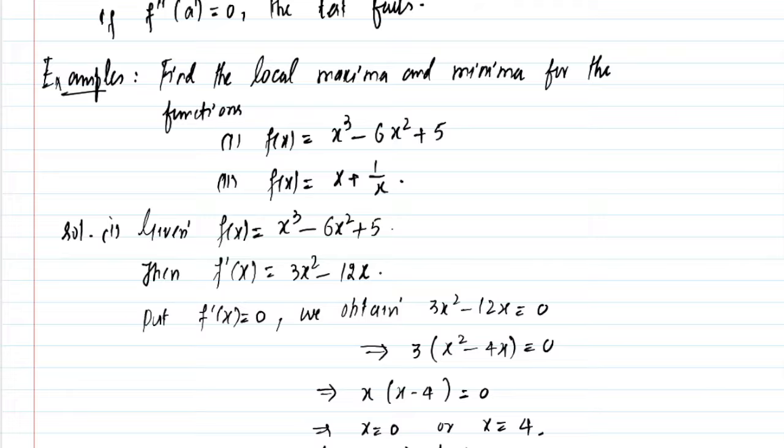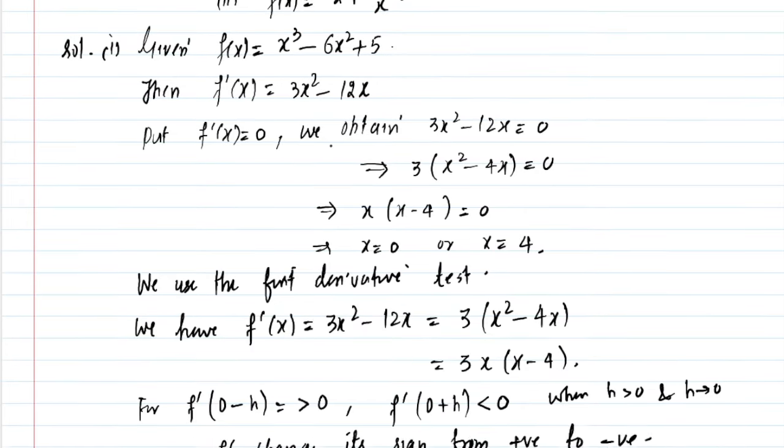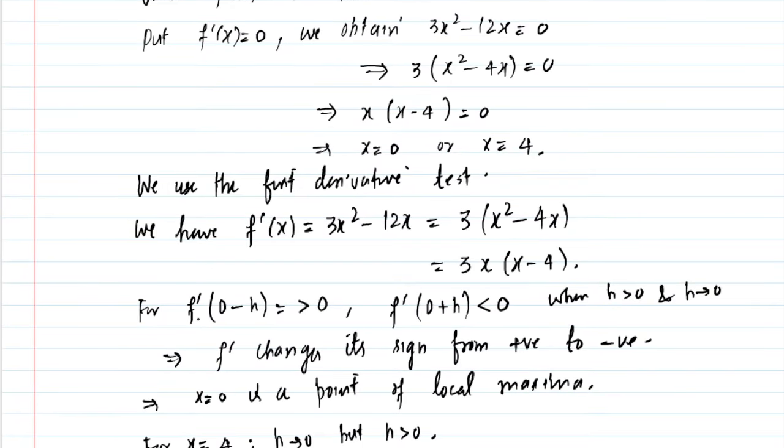Wherever the second derivative is positive, that critical point is a point of local minima, and wherever the second derivative is negative, that point is a point of local maxima. But in order to use the first derivative test, we have to find the critical points again and then find the value of the first derivative when x is slightly less than that critical point, and the value of the derivative when x is slightly bigger than that critical point.